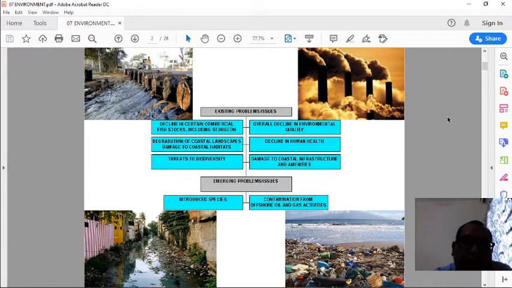Other than that, we have introduced species, invasive species in our countries, and contamination from offshore oil and gas activities.